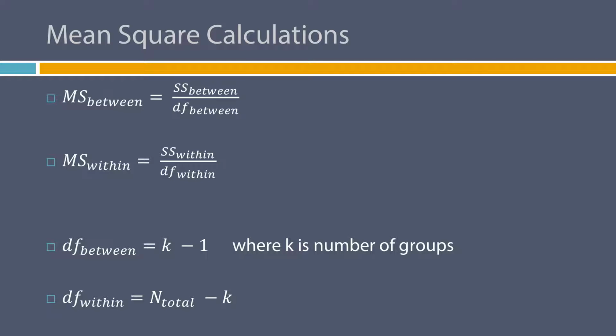Right? So we're accounting for the number of groups. So here, let's say we had 10 people in each group, across 3 groups, so that's 10 plus 10 plus 10 is 30, that's the total n, minus 3. So that's 30 minus 3 is 27. So degrees of freedom between is 3 minus 1 is 2. Degrees of freedom within is 30 minus 3 is 27. So we're dividing sum of squares within by 27.